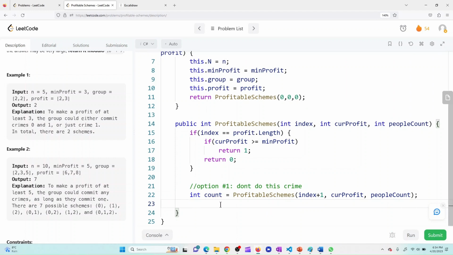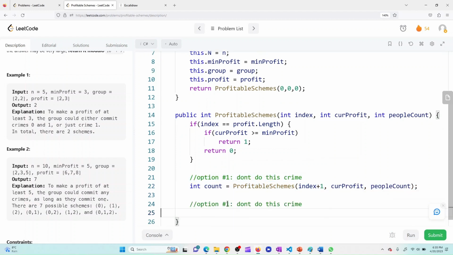Okay, now the second option is let's do the crime. To do this crime you must have a sufficient number of people in hand.